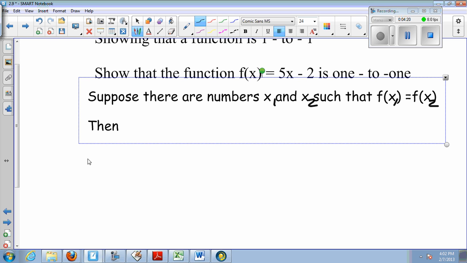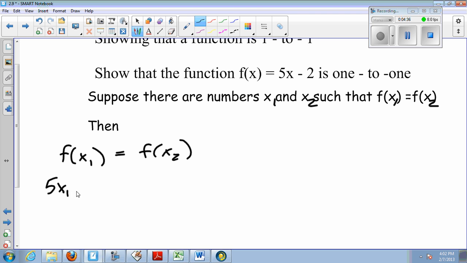So we're assuming we're being told that f of x1 equals f of x2. If that's true, then we get 5 times x1 minus 2 equals 5 times x2 minus 2. So solve for x, add 2 to both sides.